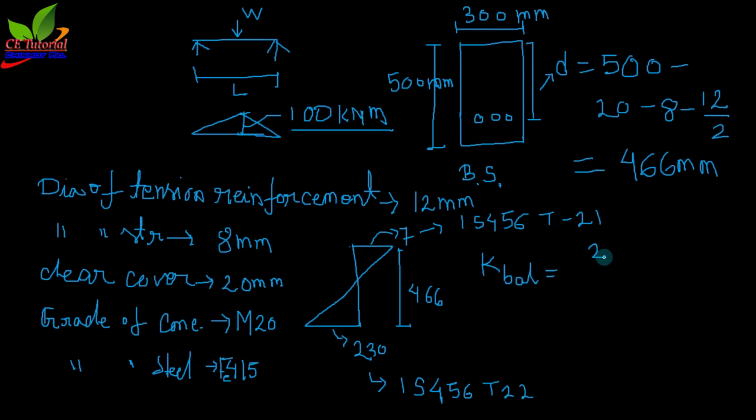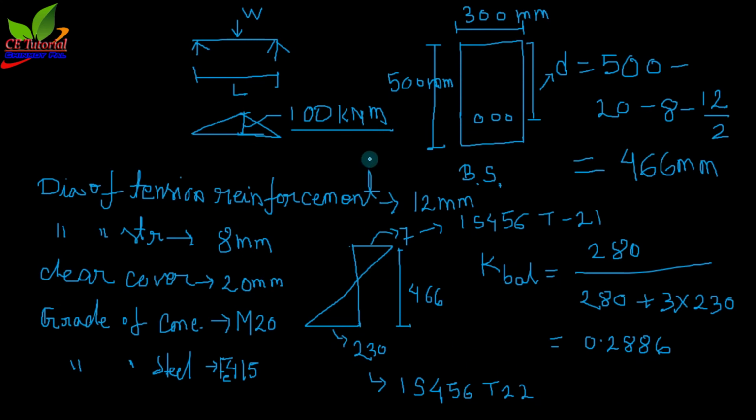This is 280 by 280 plus 3 multiplied by 230, that means sigma st. And this value is 0.2886. This is your K balance value.